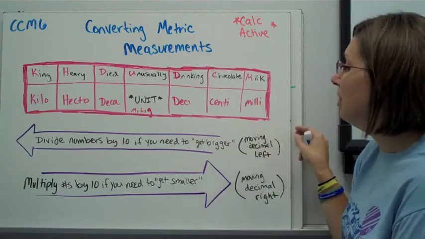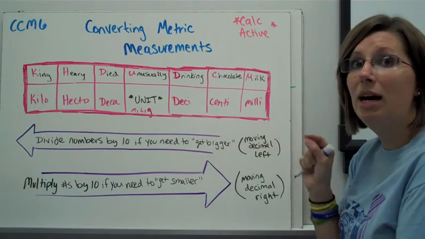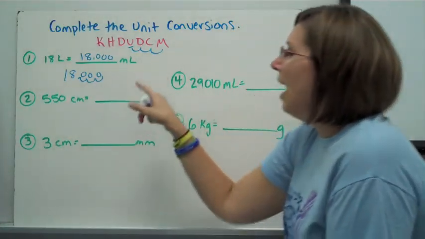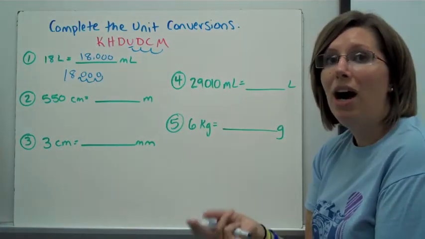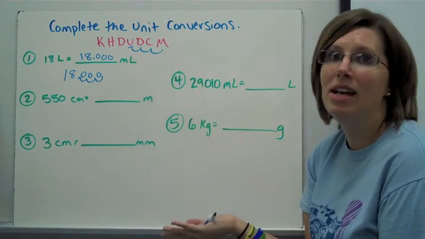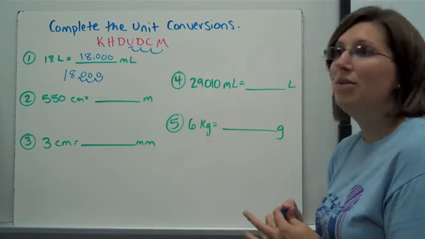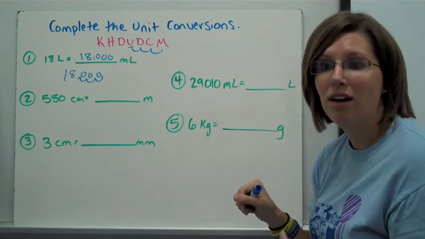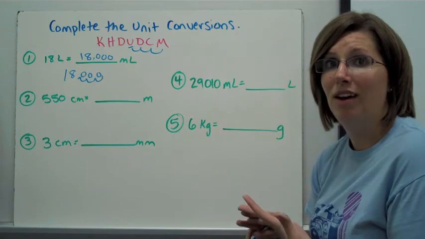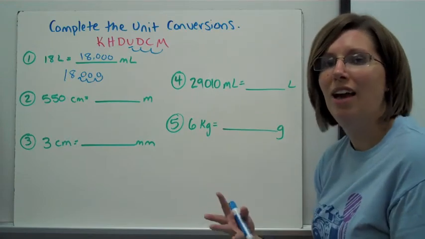So I literally took my number 18 and multiplied it by 1,000 to get 18,000. Since we count in base 10, that's equivalent to just moving the decimal. So we don't need to set up any proportions here like we did when we did customary. We're just moving the decimal here, which is a lot easier once you get the hang of it.